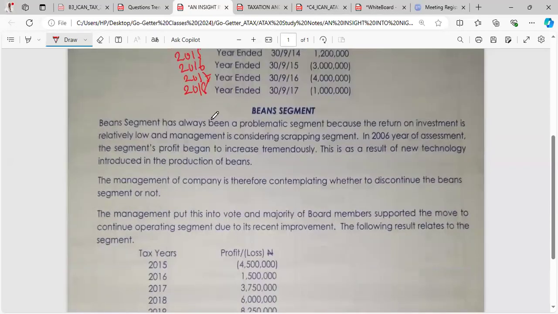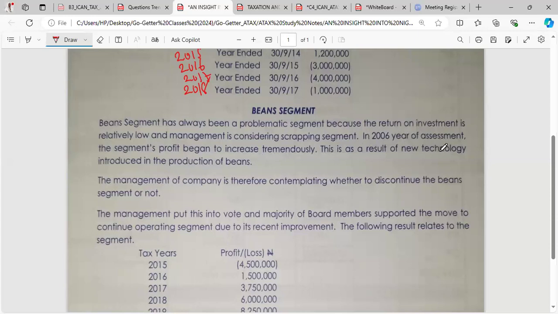Now look at the beans segment. The beans segment has always been a problematic segment because the returns on investment are relatively low, and management is considering scrapping the segment. In 2006 year of assessment, the segment began to increase tremendously. What they meant is not 2006, it's 2016, as can be seen from here.